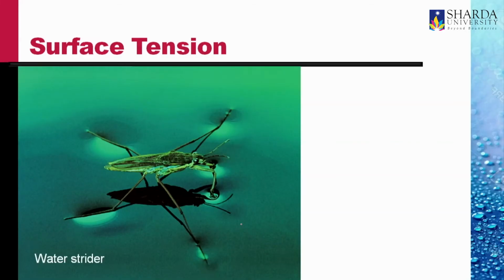You might have seen little insects which seem to be walking on water. Here's an insect known as a water strider, which is walking on the surface of water without sinking. How is that achieved?